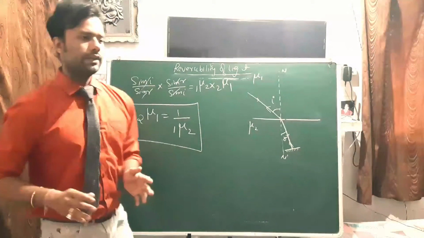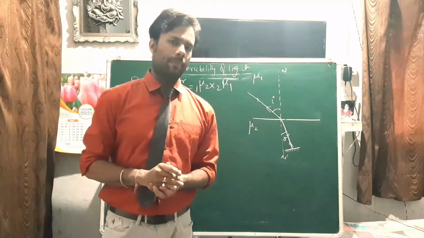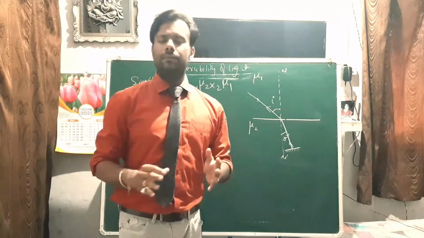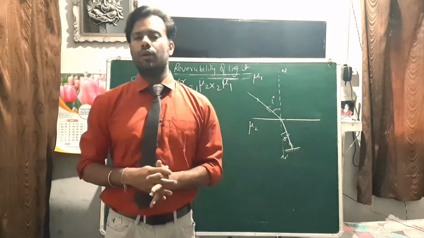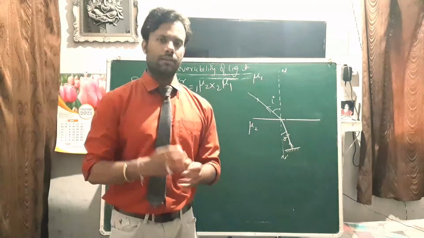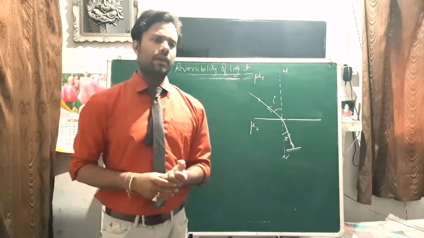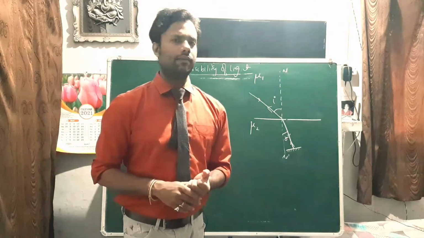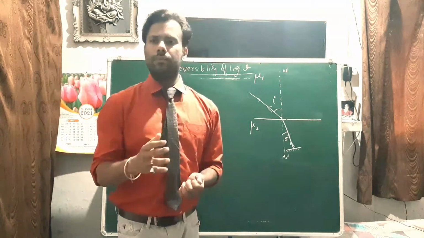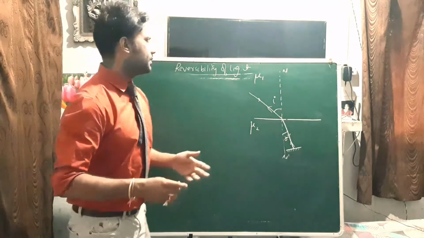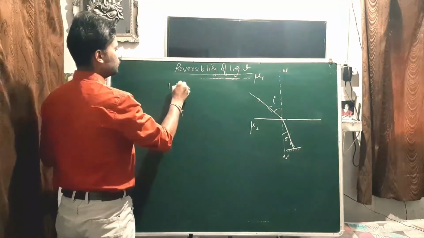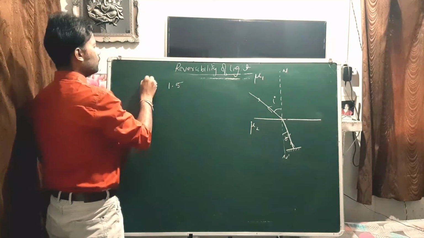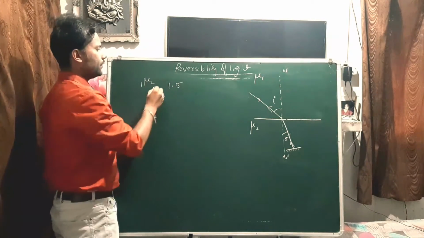Now what does this result show? It helps you to find the refractive index of one medium with respect to another. For example, suppose you have the refractive index of one medium with respect to the other, say 1 mu 2 is 1.5.